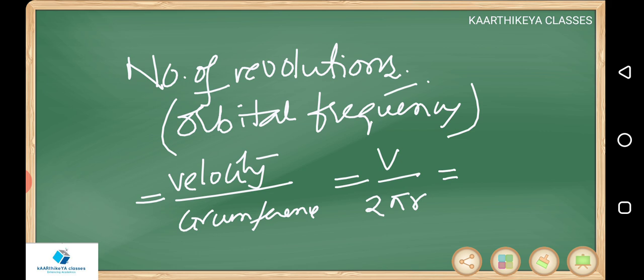By substituting the r value and simplifying, it is 6.6 × 10^15 × Z²/n³. This is the number of revolutions.